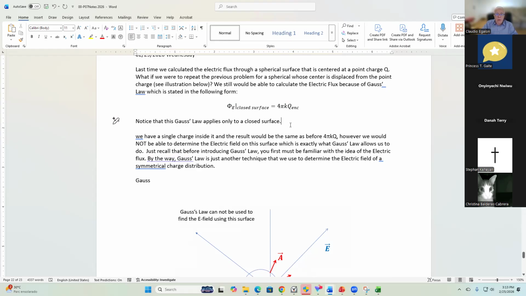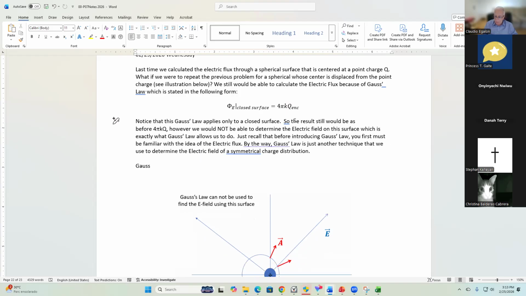So the result still would be as before, 4 pi kq. Now why am I saying that?